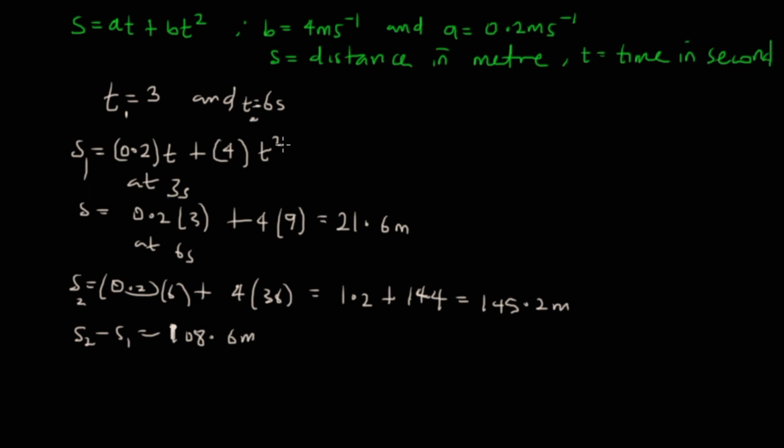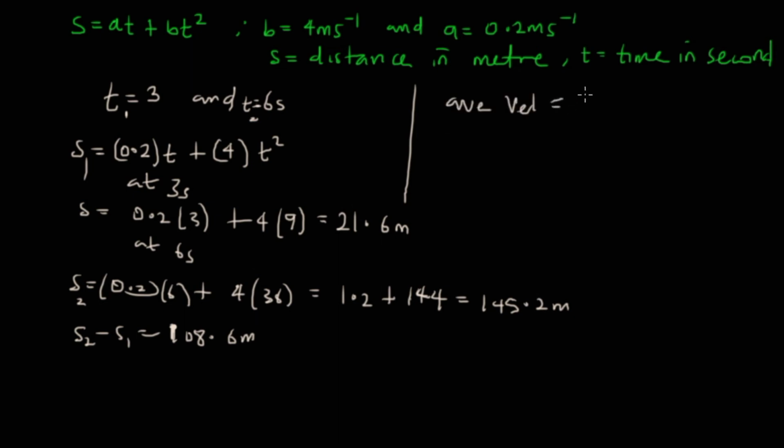All right, now let's say we want to find the average velocity in that interval. The average velocity in that interval is the total displacement in that interval upon the total time in that interval.